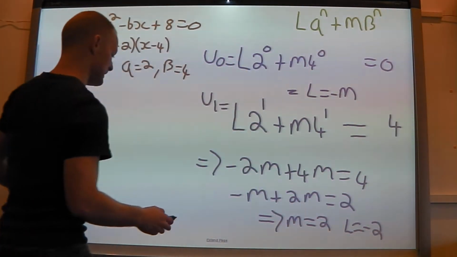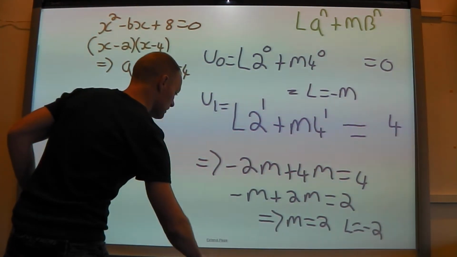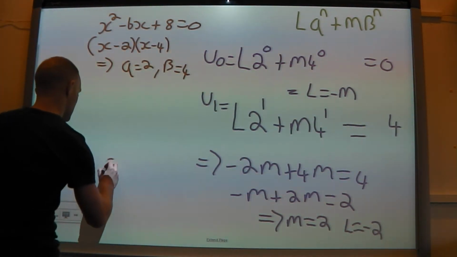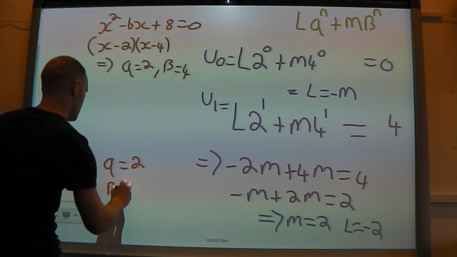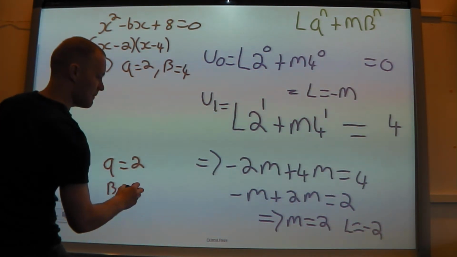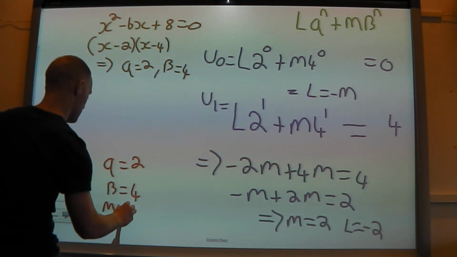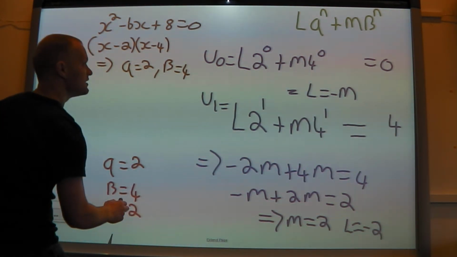Okay, so just write down these values again. Our alpha is equal to 2. Our beta is equal to 4. Our m is equal to 2. And our L is equal to negative 2.